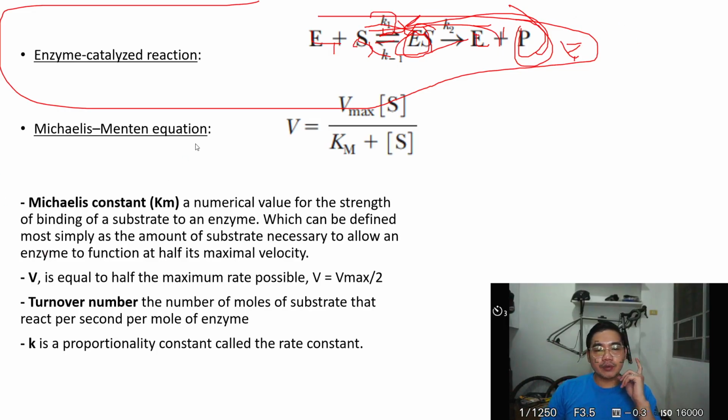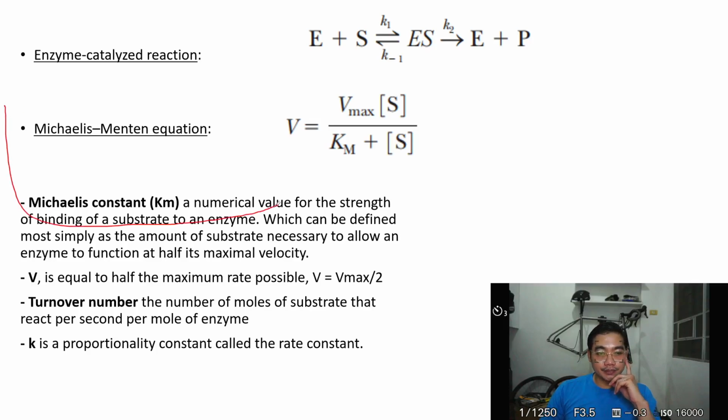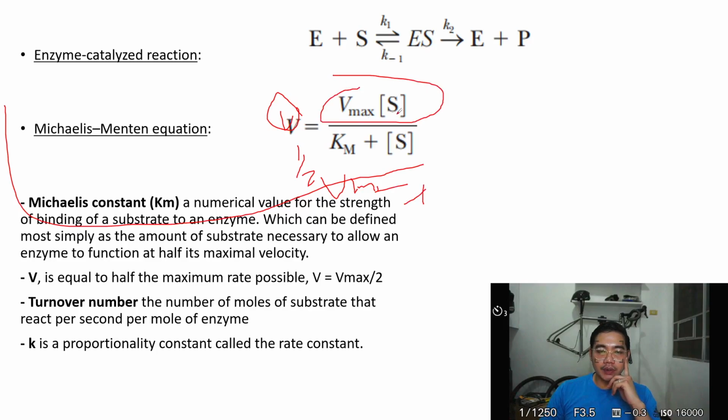And then we have what we call your Michaelis-Menten equation. No? So your velocity here is your 1/2 Vmax. So the equation states that velocity equals Vmax times substrate, over the Michaelis constant, Km, plus substrate.